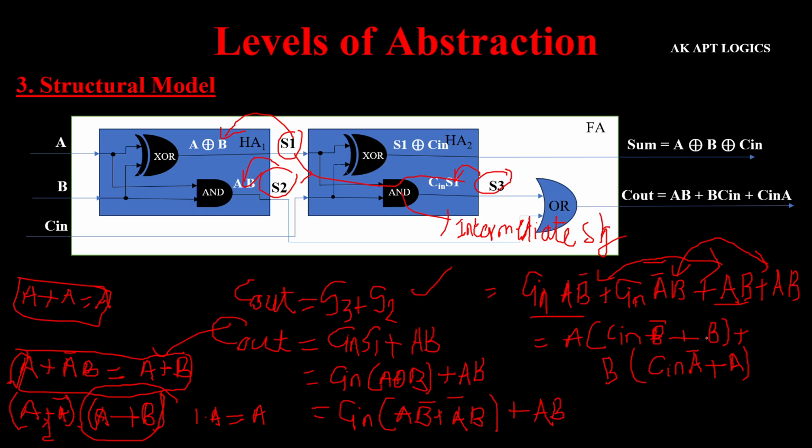C in B bar plus B will be B plus C in. Okay, then it will become A C in plus B. Whereas similarly C in A bar plus A will become A plus C in, then it will become, in between there is plus, B into C in, let me, C in A bar, C in plus A, right?